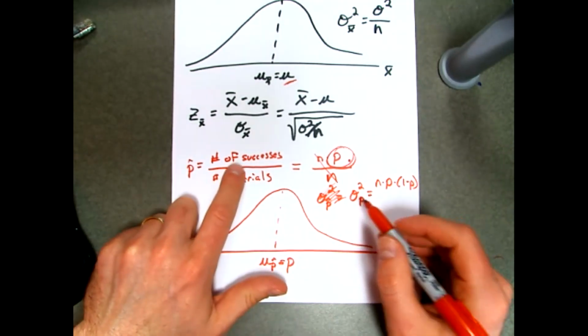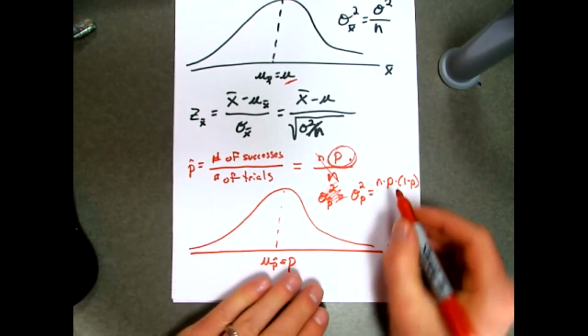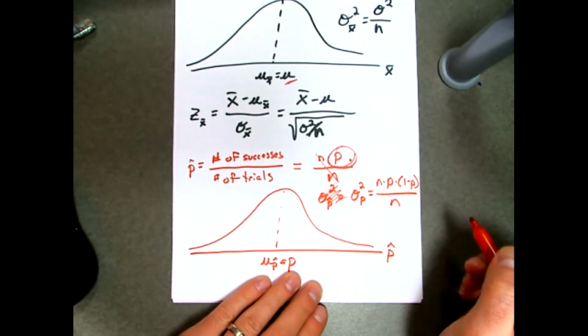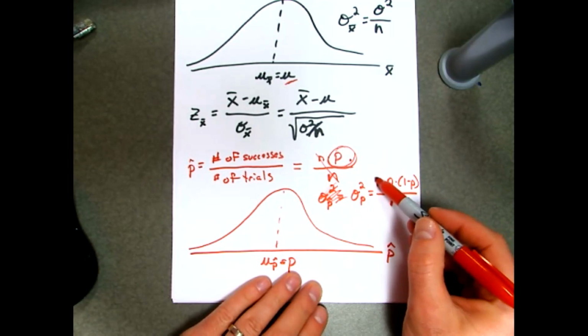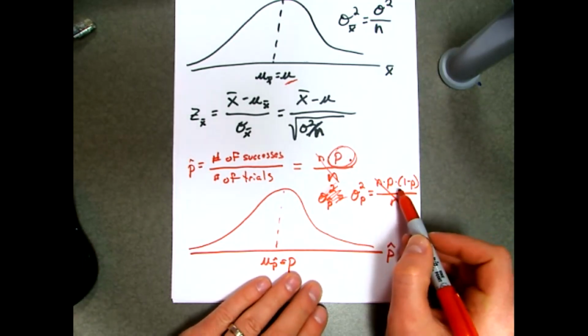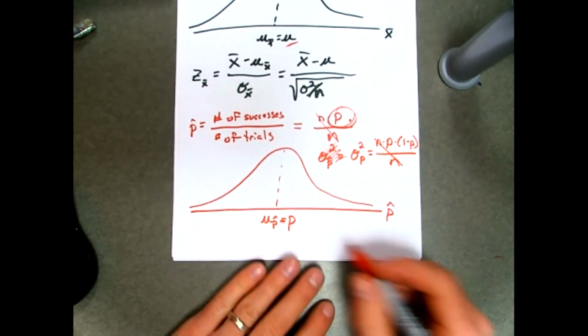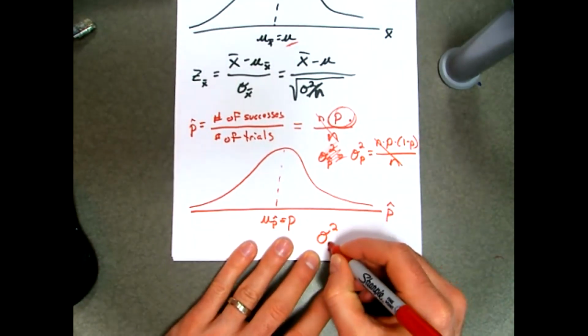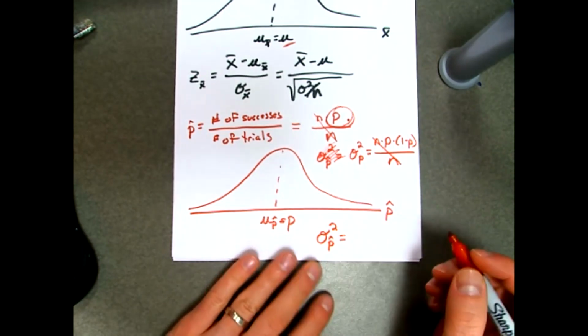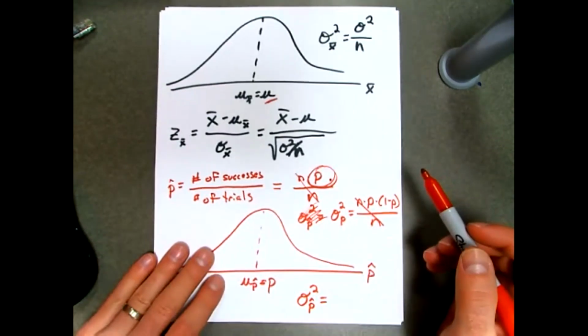But if we're not looking at the number of successes now, we're looking at the proportion of successes, so we will divide by the sample size, the number of trials. So notice the variance of our proportion is just p times 1 minus p, which then means the variance of my sample proportions.